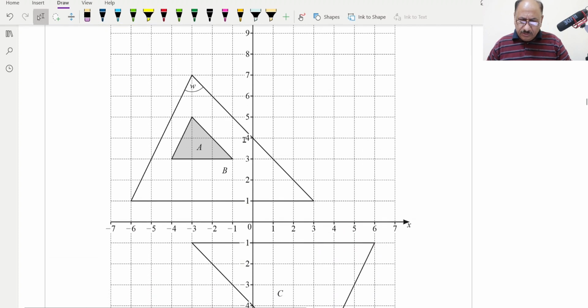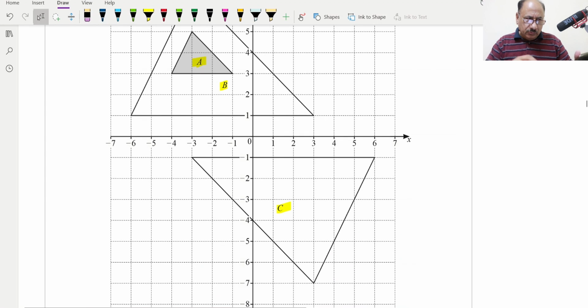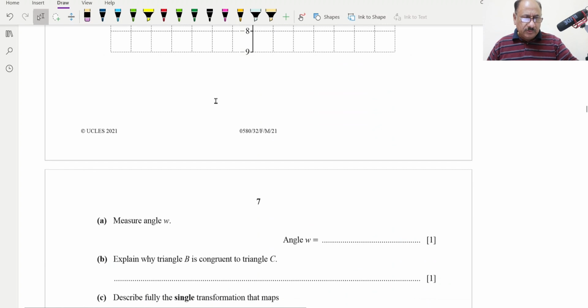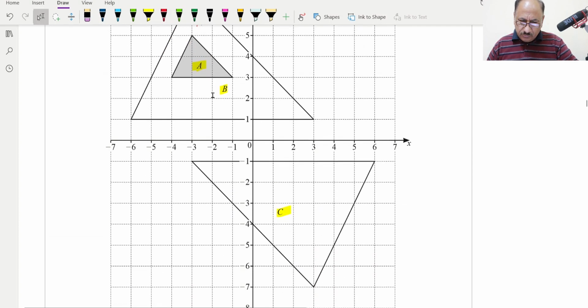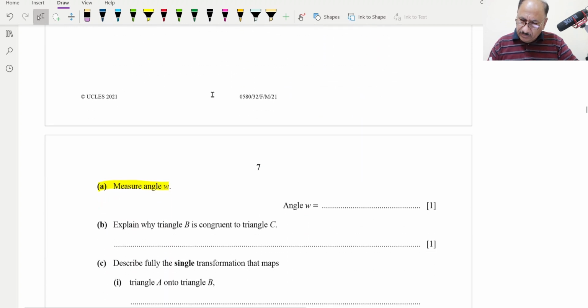A is this one, B is this one, and C is also provided. The first thing we have to do is measure angle W. If we measure this angle W, it will be 72 degrees. So we can write the answer as 72 degrees.